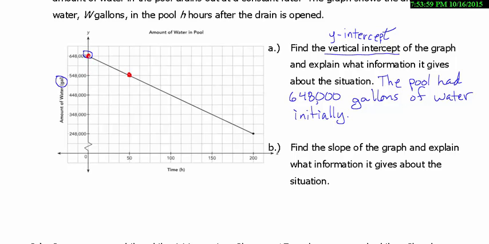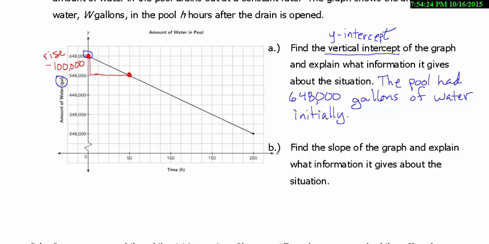So what we would look for is the rise. We're moving down. It looks like 100,000. Be careful that it's not just 2. A lot of people would say that that is just 2 units. It's actually a decrease of 100,000, and because it's a decrease, it's a negative 100,000. So there's the rise. And the run is moving to the right, so it's positive.